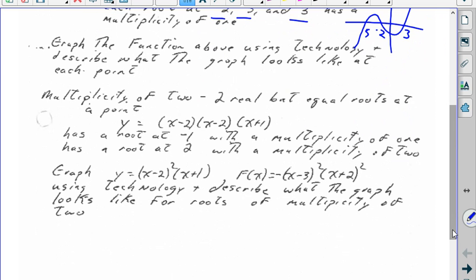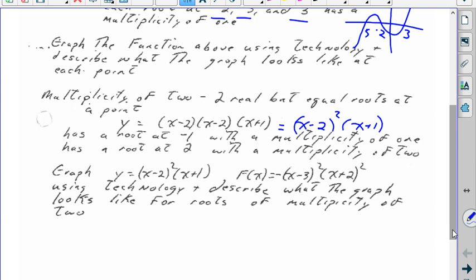A multiplicity of 2, that's that terminology I used earlier, two real but equal roots at that point. So here we have x minus 2, which we're most likely going to write as x minus 2 squared. So this is how we think about it. We have a root at +2 with a multiplicity of 2.